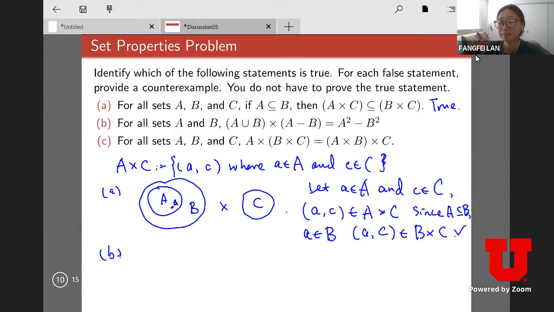Any ideas? We can kind of draw a Venn diagram to see some intuition, I think.